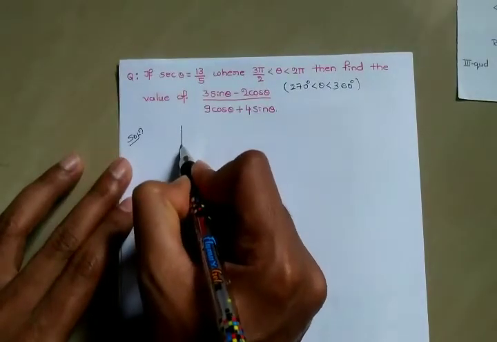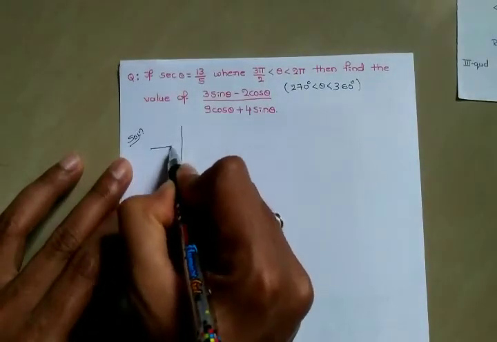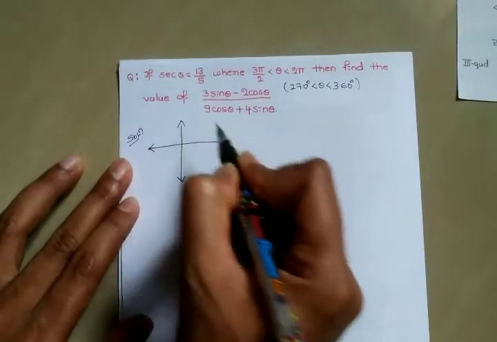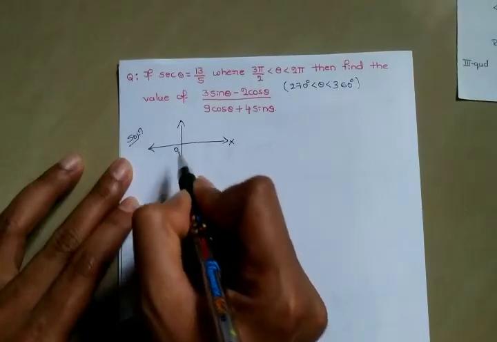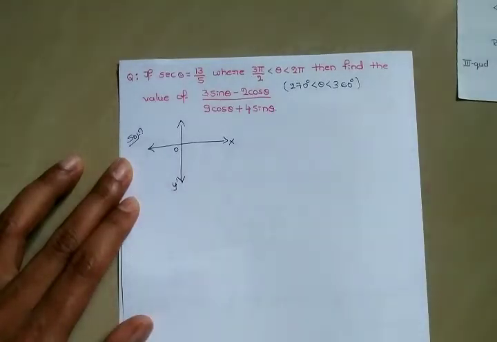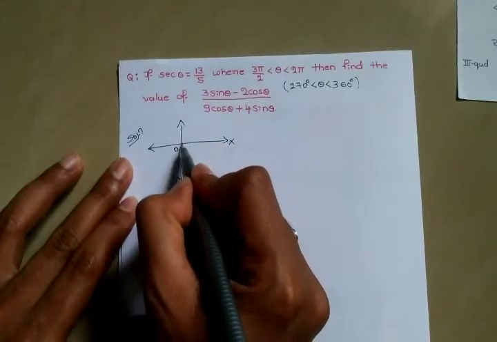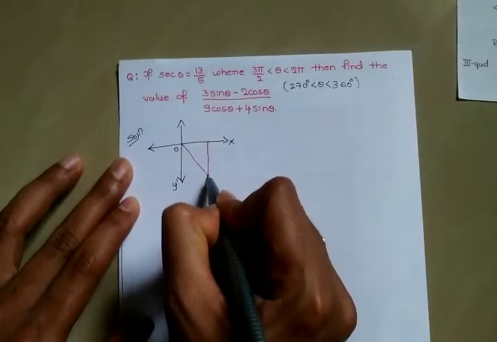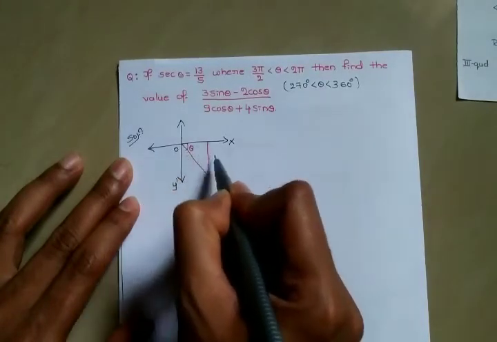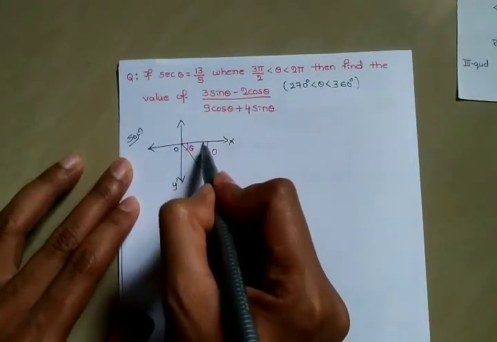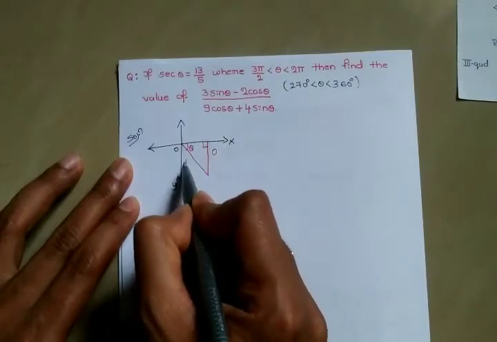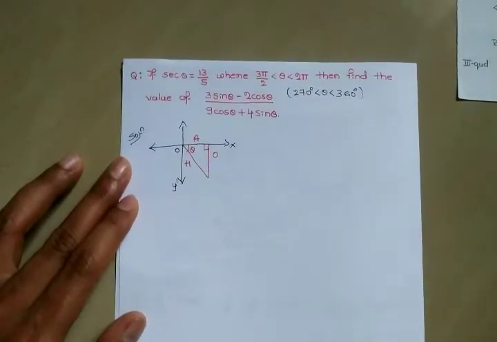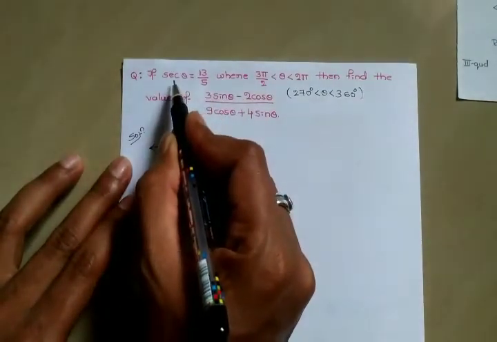So here I want to take the axis, X'O, here Y'. I'm going to draw the right angle triangle in the fourth quadrant. This is the angle theta, this is the opposite side. This is 90 degrees, the hypotenuse side, and the remaining side is the adjacent side. Correct. Next, which trigonometric function is given?